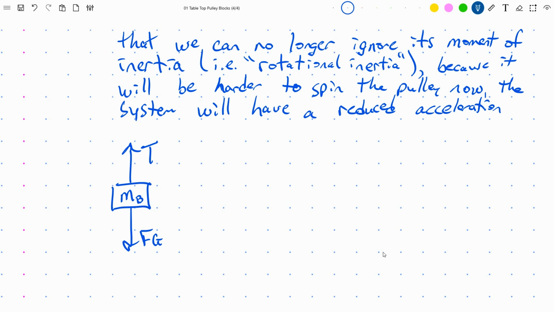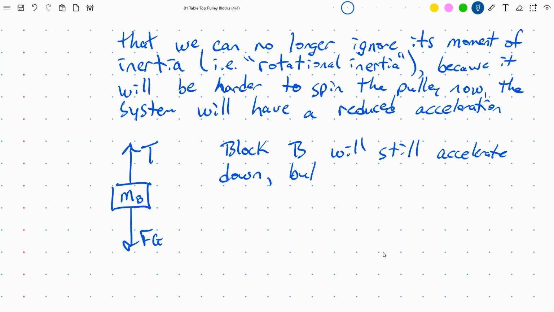I'll just call that T. Okay, so block B will still accelerate down, but less than before.